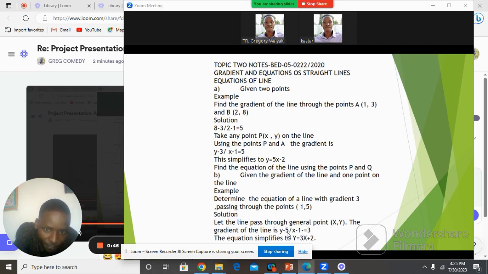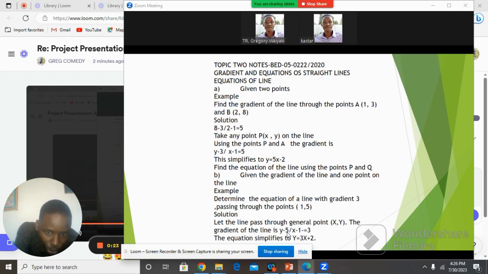Then we have B, that is given the gradient of the line and one point on the line. Example, determine the equation of the line with gradient 3 passing through the point (1, 5).